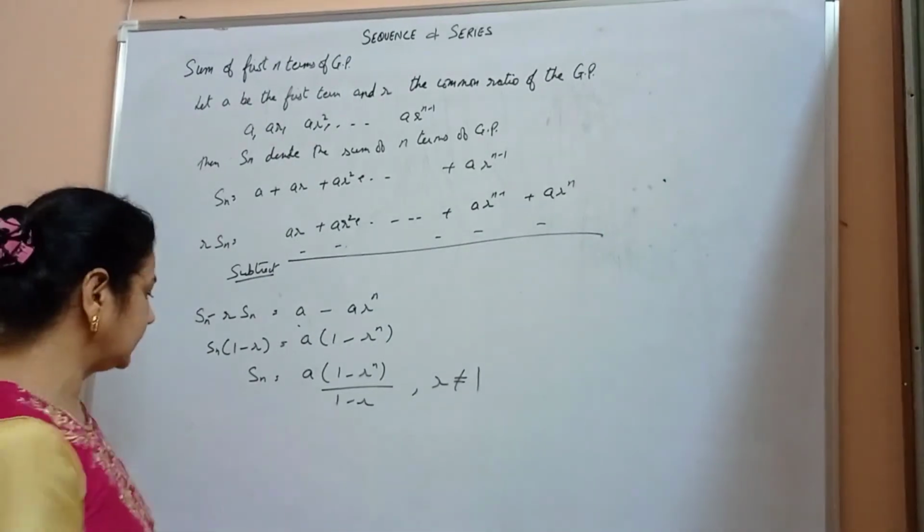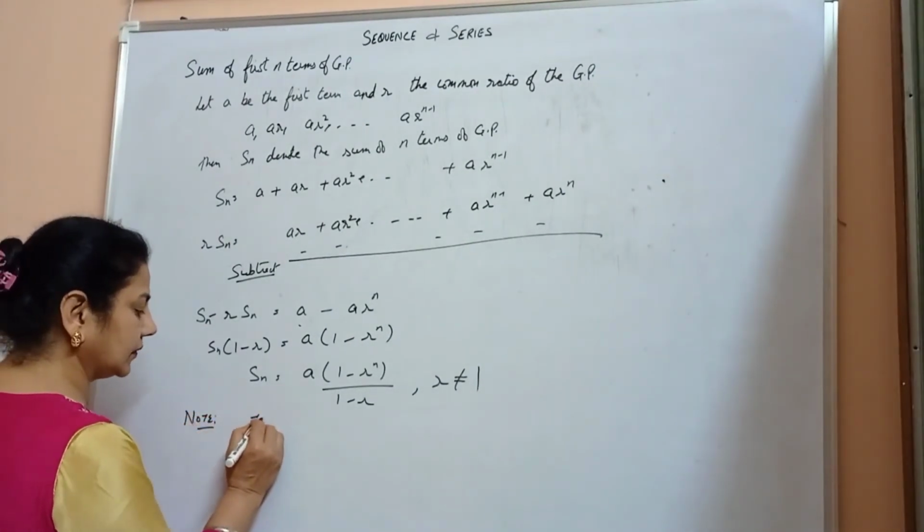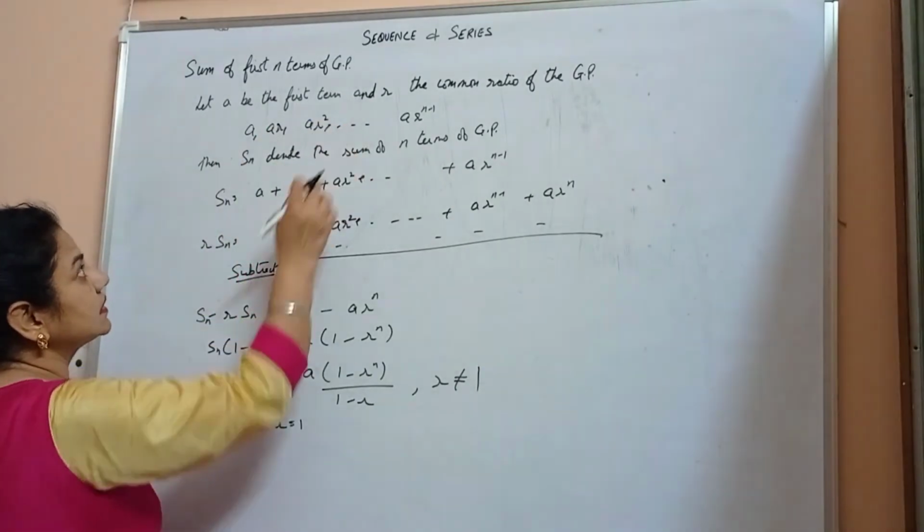But note, if the common ratio is 1, then the sum is given as follows.